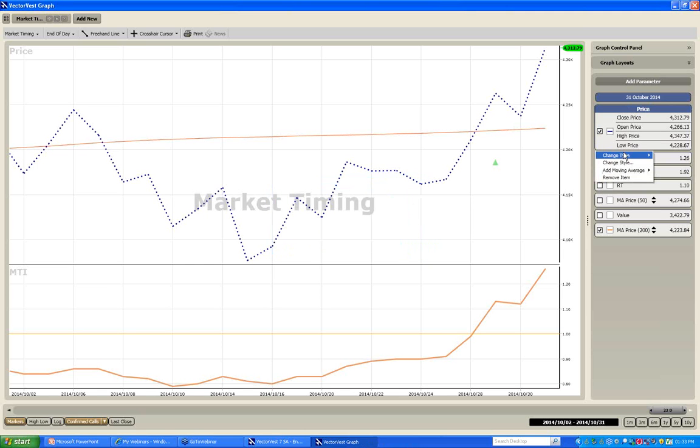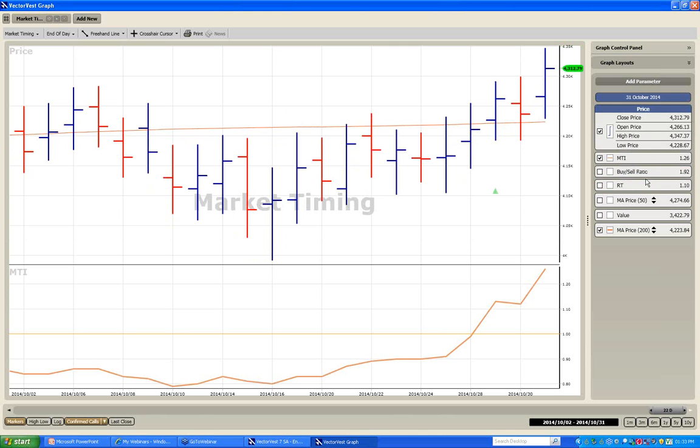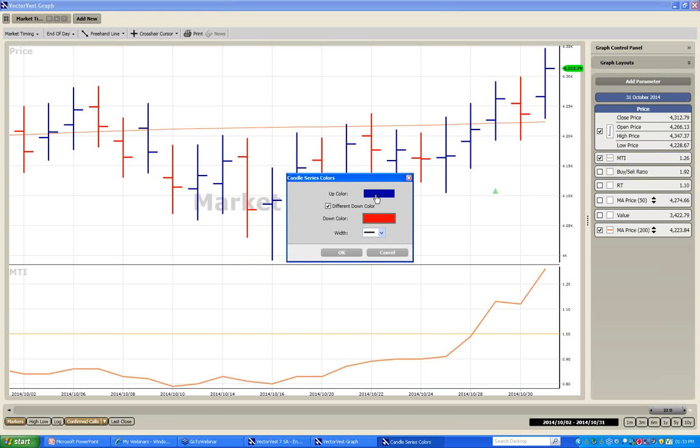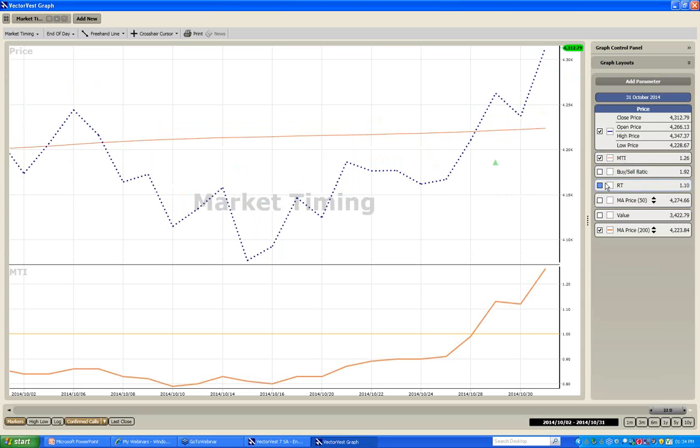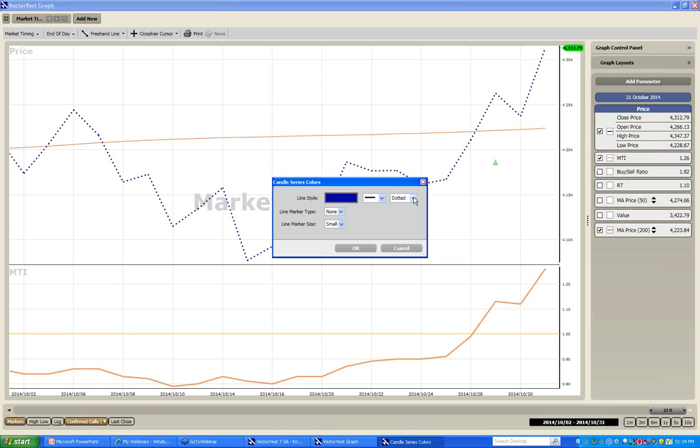I'm trying to get not dots, but I'm getting change style, dotted, solid, dashed.